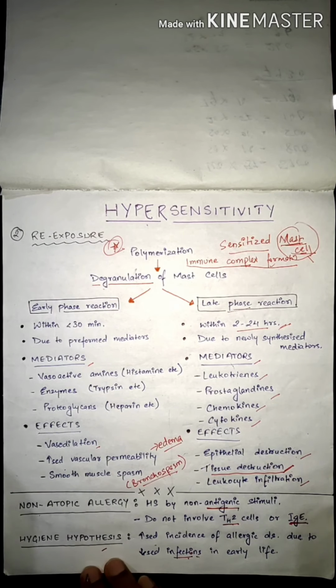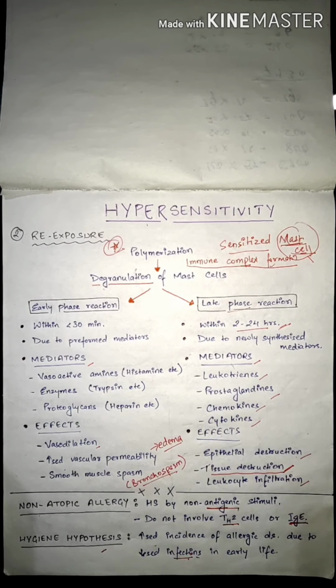And what is hygiene hypothesis? Hygiene hypothesis is increased incidence of allergic disease due to decreased infection in early life, meaning nowadays cases of allergy are increasing in hospitals. Why? Because since people are more aware about sanitization and hygiene, the small children are not exposed to various antigens which are present in the environment.